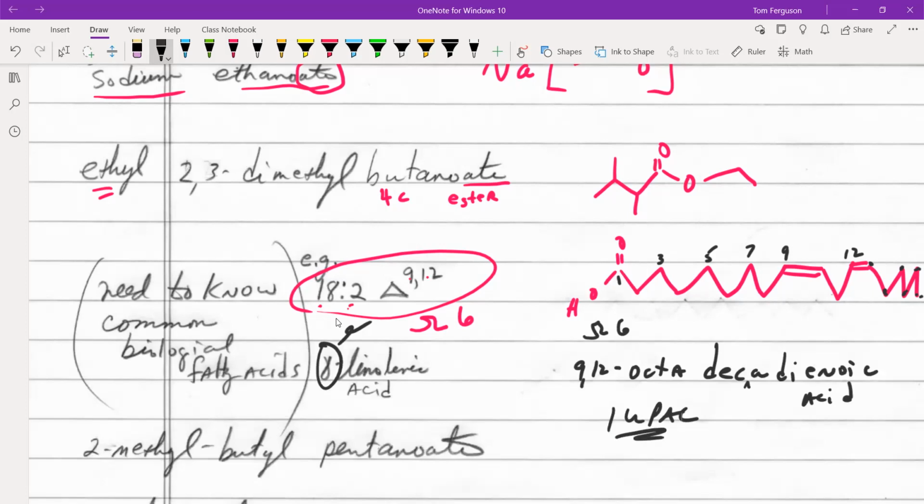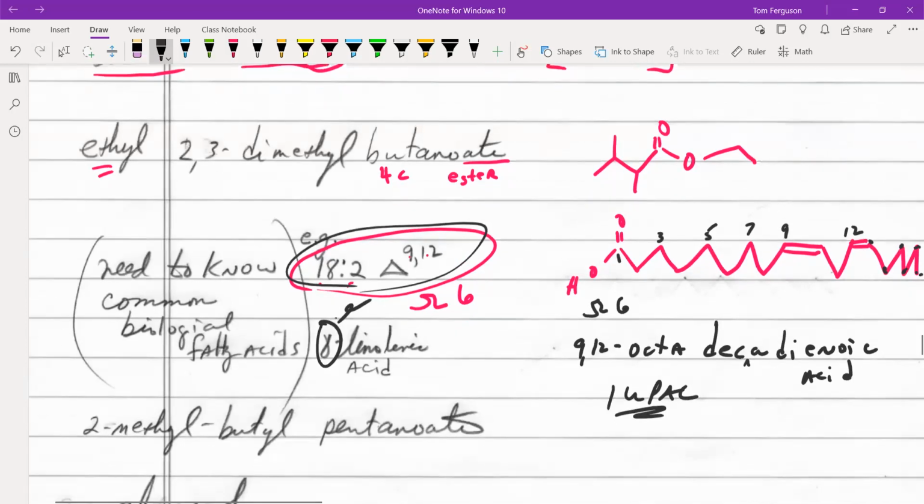Common name would be linoleic acid. And the 9,12 octadecanoic acid is not used very much. Most biochemists just call it linoleic acid, but they all know the structure and stuff. So it's the less known ones that use this notation here, but it's much more precise. That's why I like it. The linoleic you just have to memorize.